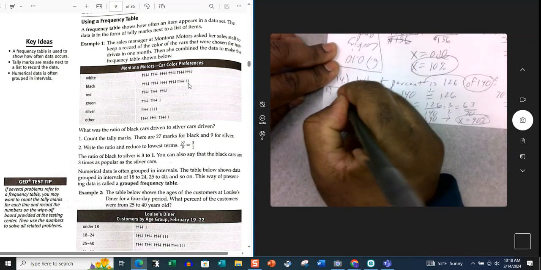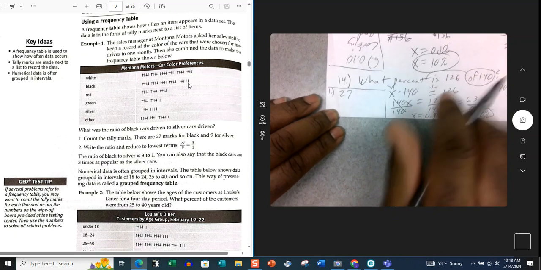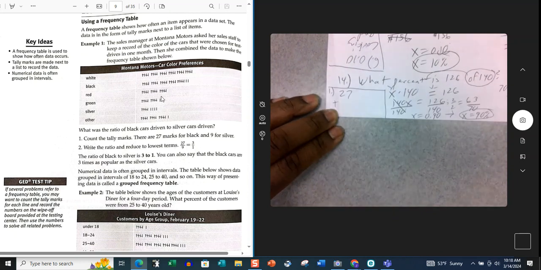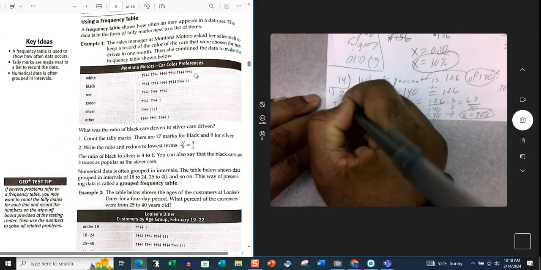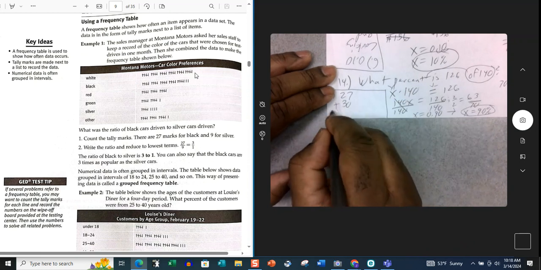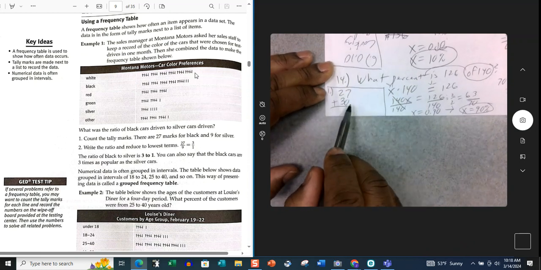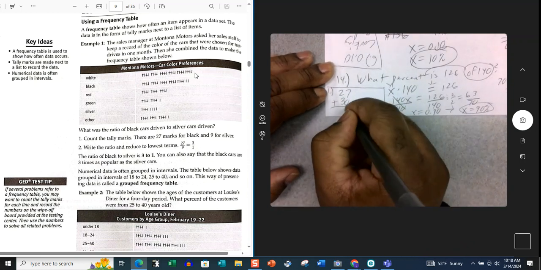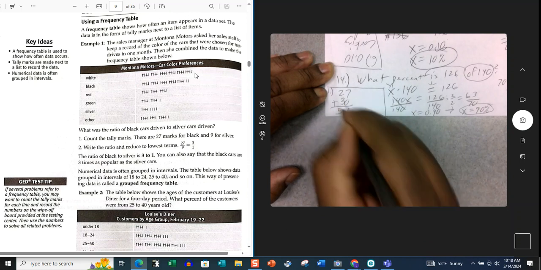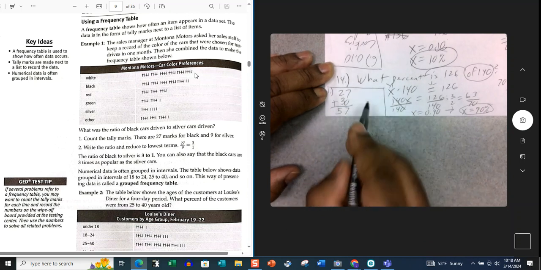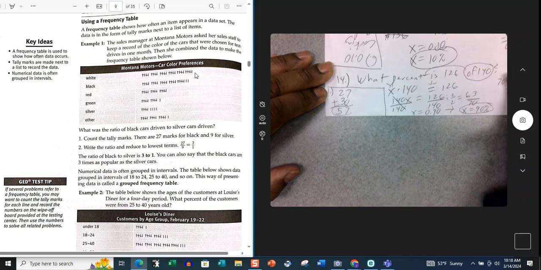Now we have to add how many for the white. We have 5, 10, 15, 20, 25, 30 for the white. So 27 for the black, 30 for the white. So now we add 7 plus 0 is 7, 2 plus 3 is 5. So it's 57 total. And that's the answer for problem number 1.